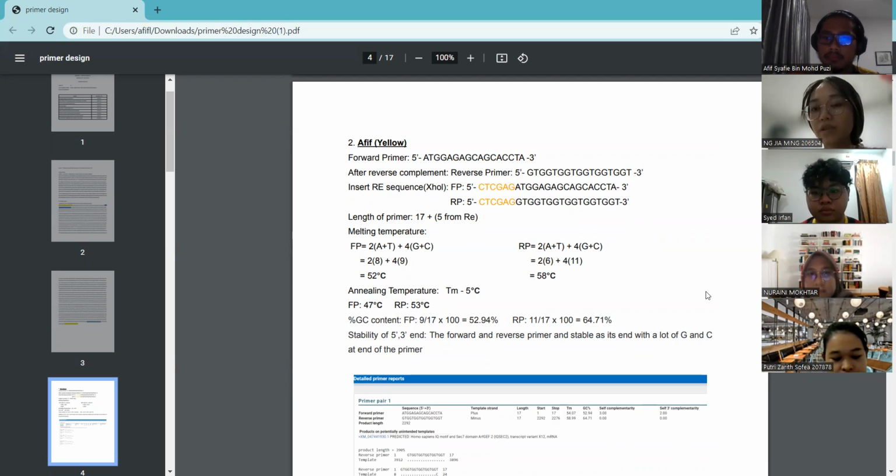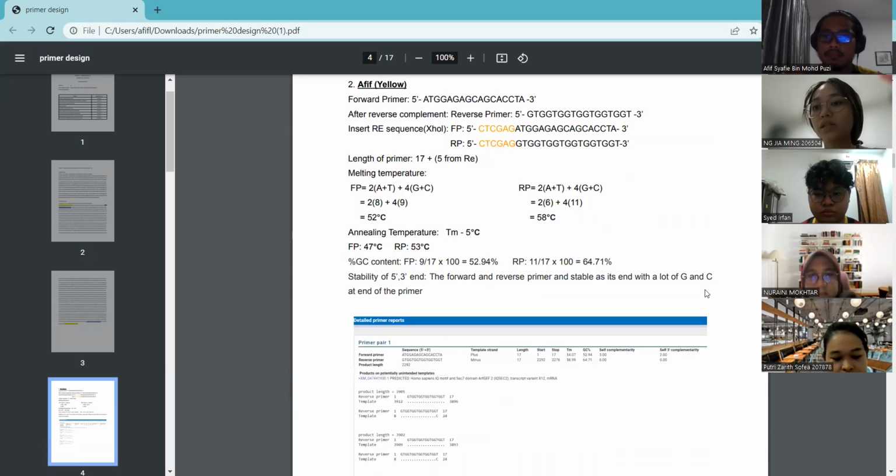For the melting temperature, the forward and reverse primers achieve the optimum temperature, which is less than 60, and the difference is less than 5. The difference in annealing temperature between the forward and reverse primer is also less than 5, and the GC content is optimum, which is more than 50%.